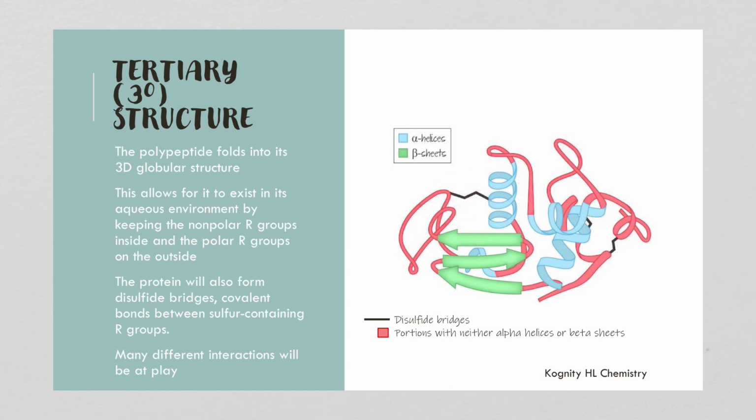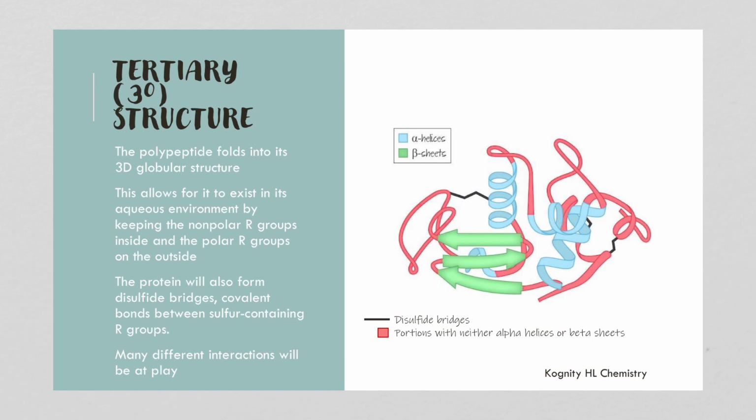Some amino acids have a sulfur in their R group, and they will form covalent bonds with a nearby sulfur in a different amino acid. And those can be broken sometimes. When we perm, or permanently straighten or curl our hair, we use chemicals that break the disulfide bridges.